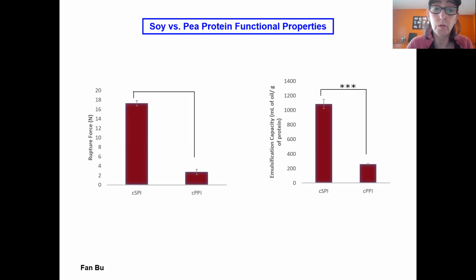Another important difference here is the higher legumin to vicilin ratio. In soy, we have more glycinin than vicilin-type protein, a higher ratio of legumin to vicilin. In pea, you have a lower ratio of legumin to vicilin, and that could impart differences in functionality.